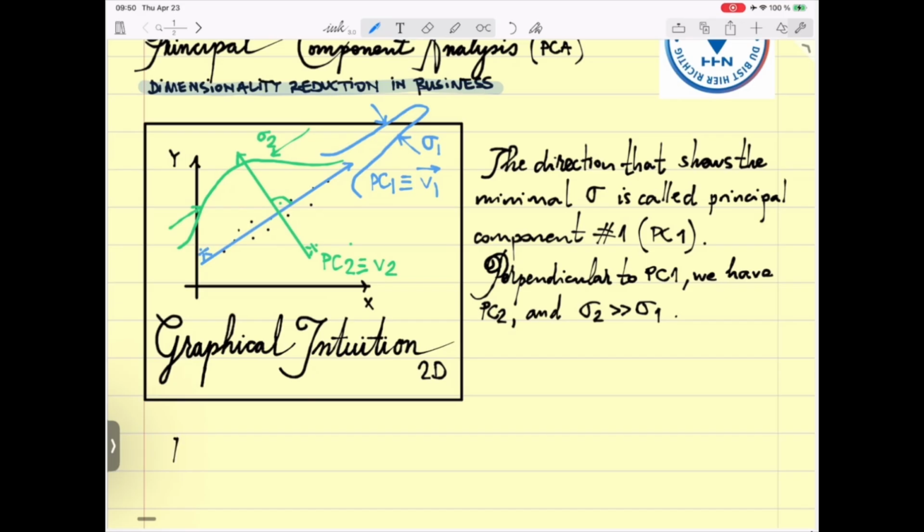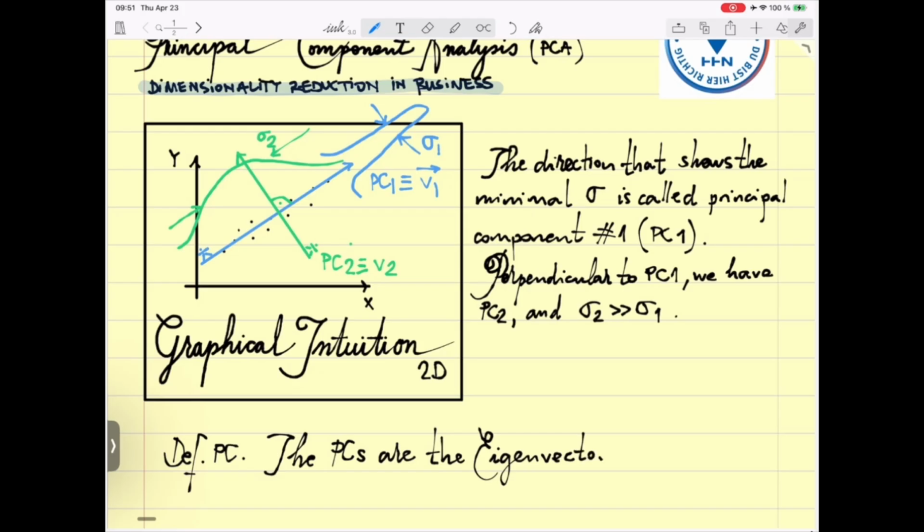So I can give you a definition of what a principal component is. The principal components are the eigenvectors of the covariance matrix.